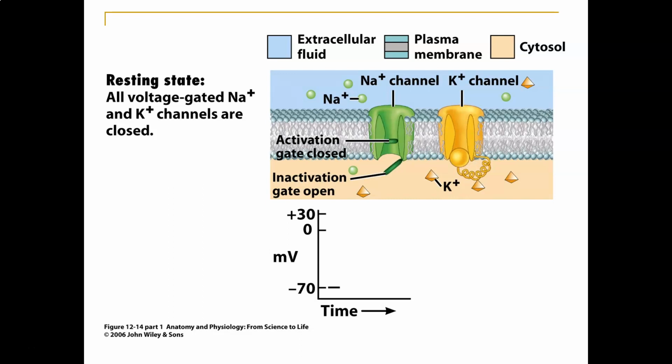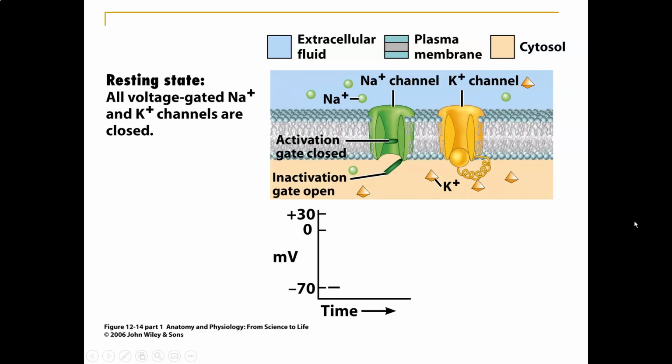So this allows for controlled movement of ions across the membrane, and that's what nerve impulses are. So these gates are key. Really, you could say that the action potential is due primarily to the opening and closing of these gates. So, in the resting state, those gates are closed.